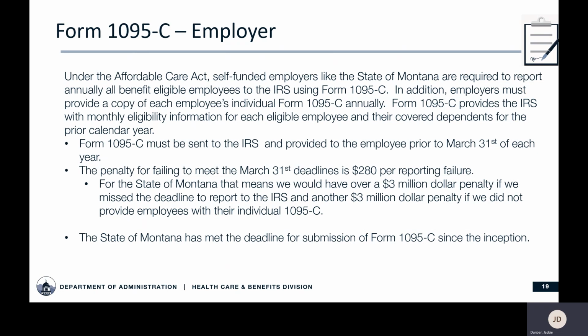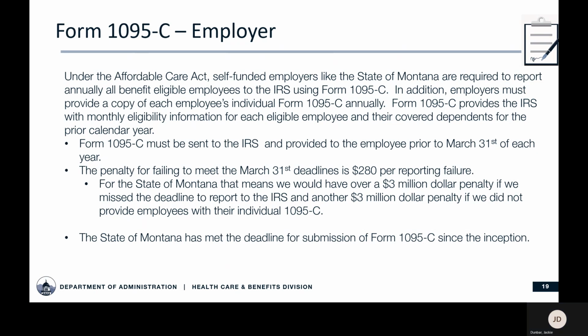Form 1095-C provides the IRS with monthly eligibility information for each eligible employee and their covered dependents for the prior calendar year. Form 1095-C must be sent to the IRS and provided to the employee prior to March 31st each year.